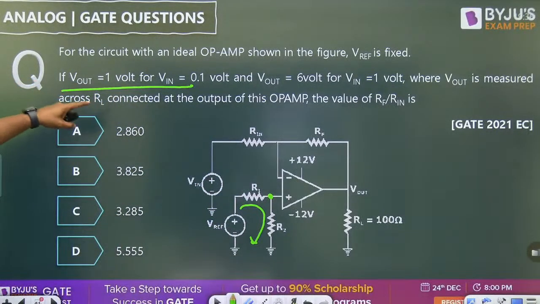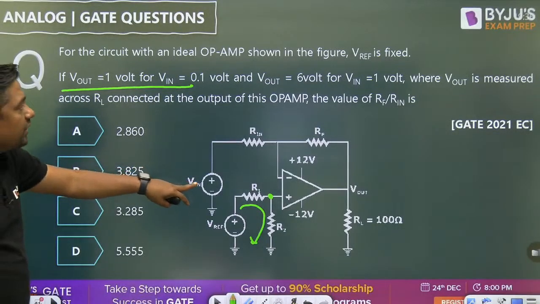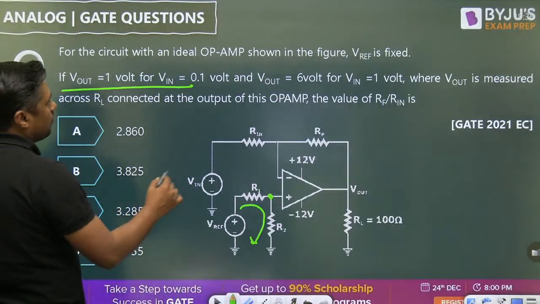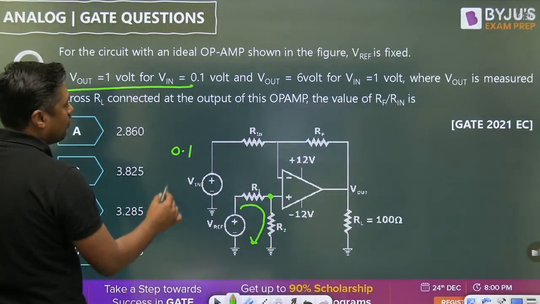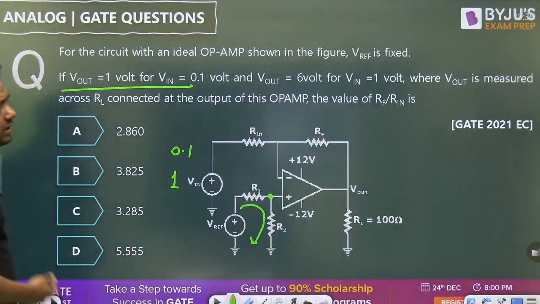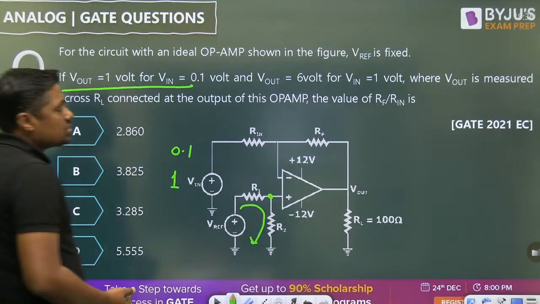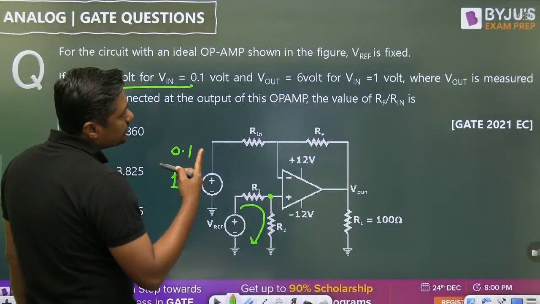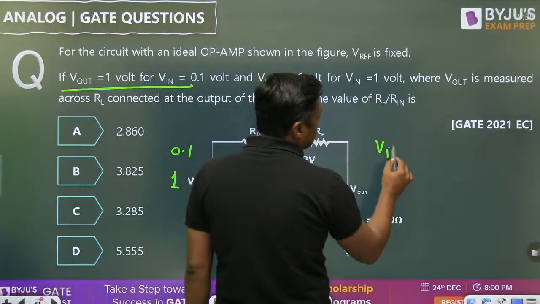If V out is 1 volt for V in equal to 0.1 volt, and V out is 6 volt for V in equal to 1 volt. So we have two different values of V in. First 0.1 volt, second 1 volt. We can't assume anything beyond what is given in the question. In the first case, V out is 1 volt. In the second case, V out is 6 volt. Always write like this.